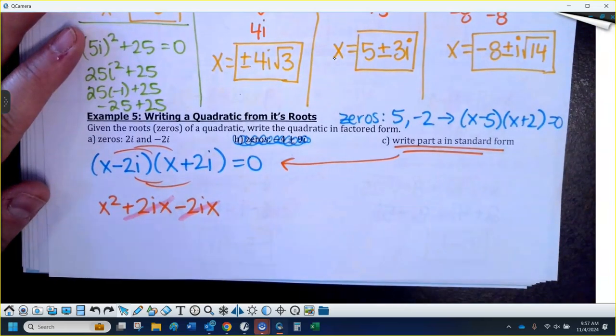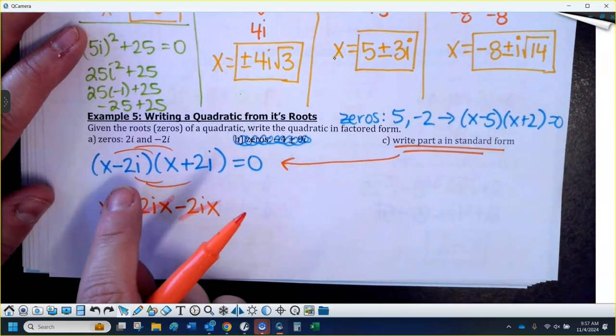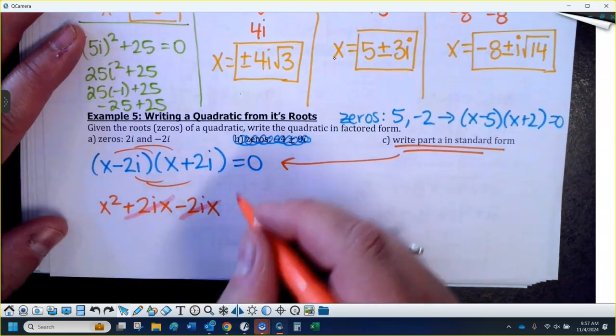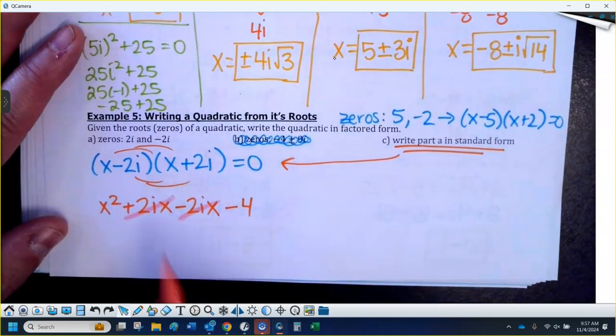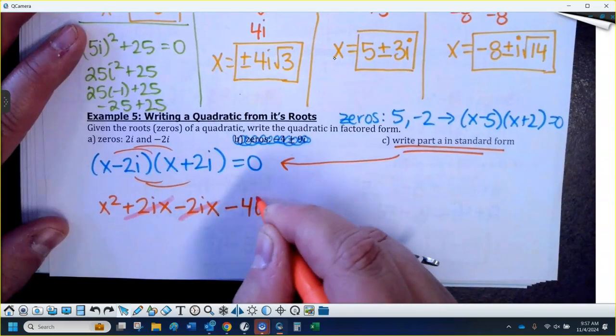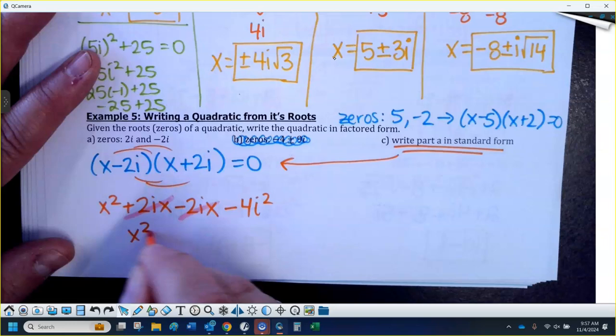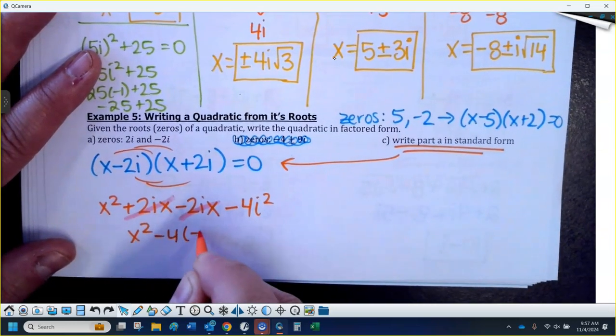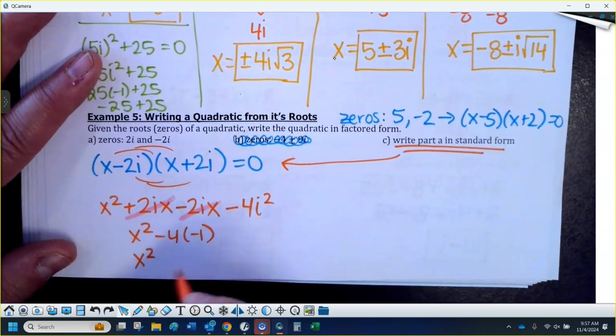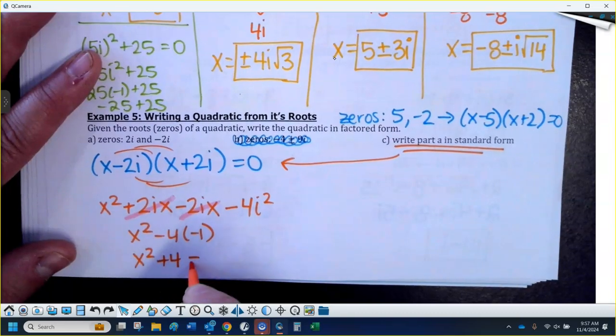On the end, the imaginary part is also going to cancel out. So I'm going to do negative 2 times positive 2, which would be negative 4. And i times i gives me that i squared. So really what I have here is x squared minus 4 times negative 1, which is really x squared plus 4.